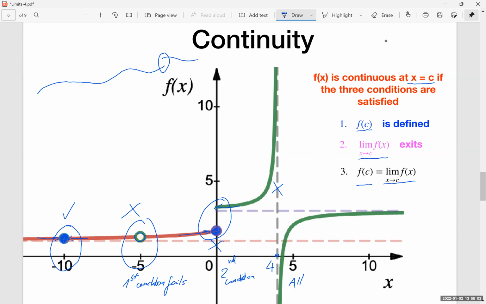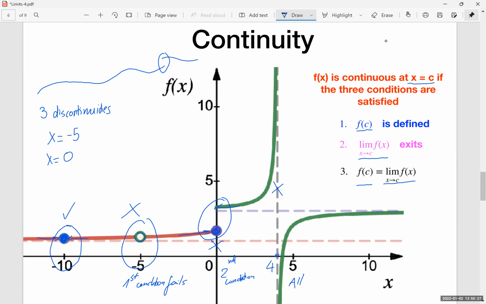So we look at this graph, and we found there are some discontinuities here. We found that there are three discontinuities. First, it happens when x equals -5. Second, it happens when x equals 0.